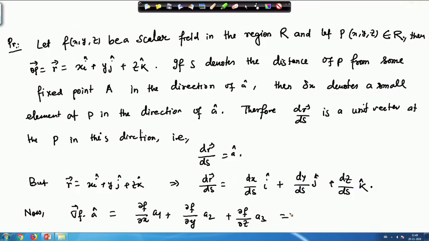So dr ds is basically dx ds, dy ds and dz ds. Now, dr ds is equal to A cap. That means the components of A cap will be A1, A2, A3. So A1 equals dx ds, A2 equals dy ds, and A3 equals dz ds. I am substituting them here.